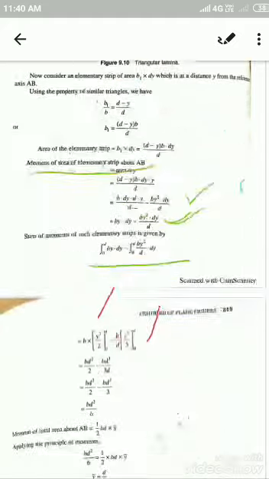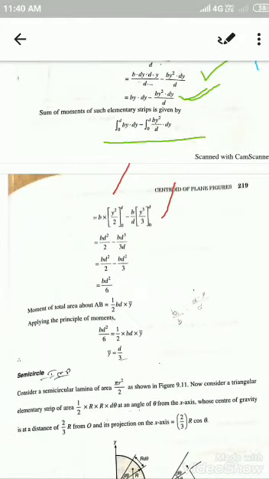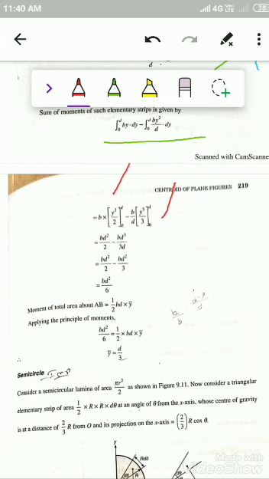Apply these and by simplifying you will get bd squared divided by 6. This is the moment of the entire elementary strips of the triangle about AB: bd squared divided by 6.